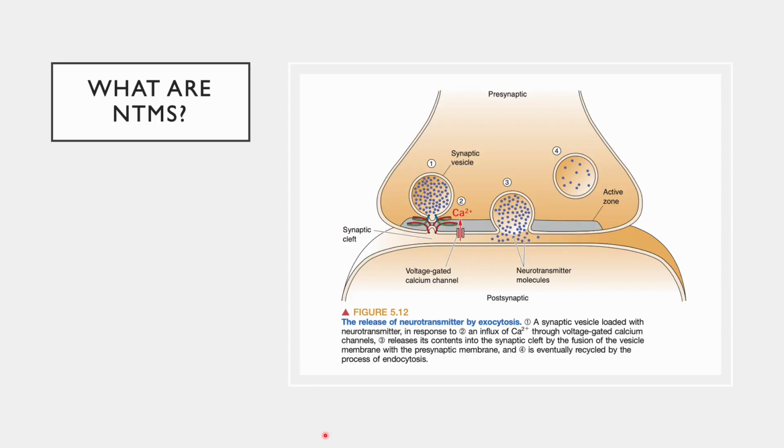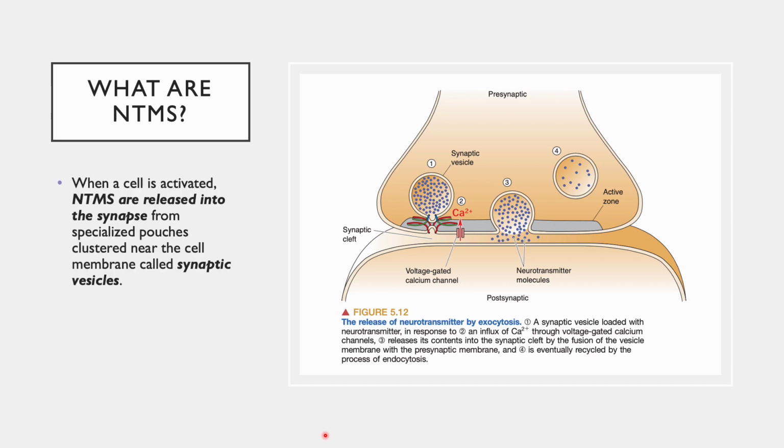So here's a look at neurotransmitters, and we've seen a picture like this in many of my previous slides. We know when a cell is activated by an action potential, neurotransmitters are released into the synapse, which is also known as the synaptic cleft. These neurotransmitters that are carried in synaptic vesicles can be released from the vesicles when calcium rushes into the cell.